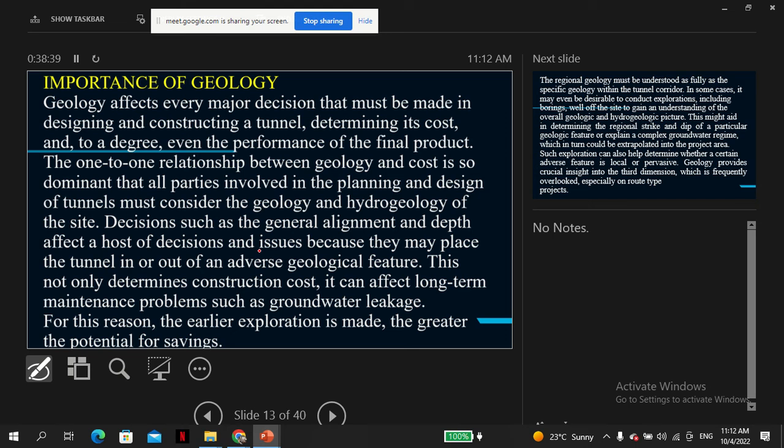Decisions such as general alignment and depth affect a host of decisions and issues because they may place the tunnel in or out of adverse geological features. You remember when we talked about the factors that determine the route of a tunnel.